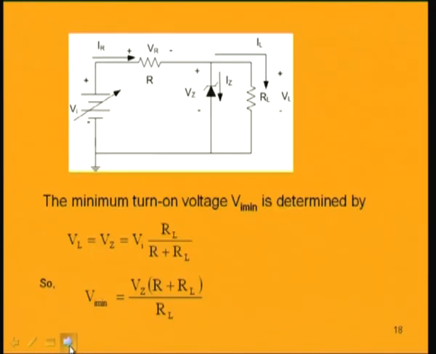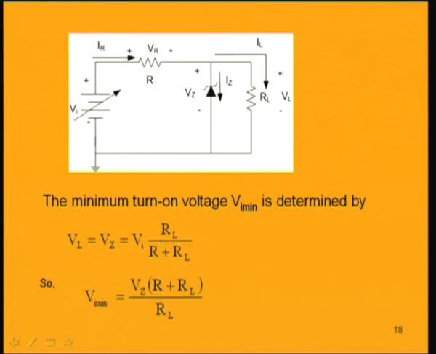That will be found from the voltage across this Zener diode, which is Vi into RL by R plus RL, that must be greater than Vz. So, putting the limiting condition, here we get VL is equal to Vz is equal to Vi into RL by R plus RL, assuming that the Zener diode is on.